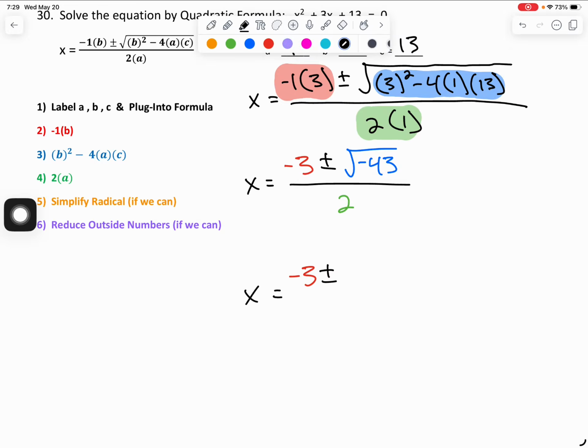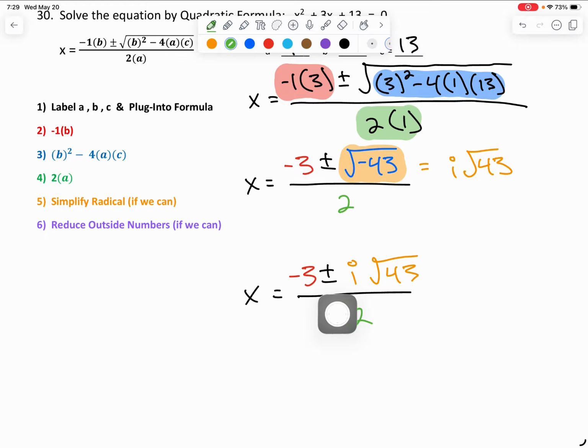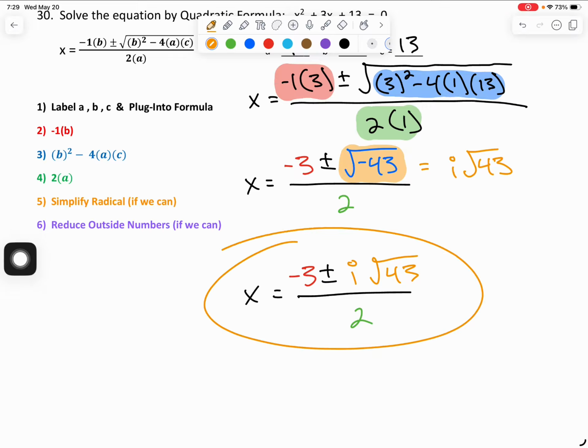So we're still going to simplify because we do have that negative. This is going to equal i root 43. Negative 3 plus minus i root 43, set that over our 2, and since i is represented by that 1, we're not going to reduce anything, and guess what? Step 6, we don't even need to do. Go ahead and circle your answer.